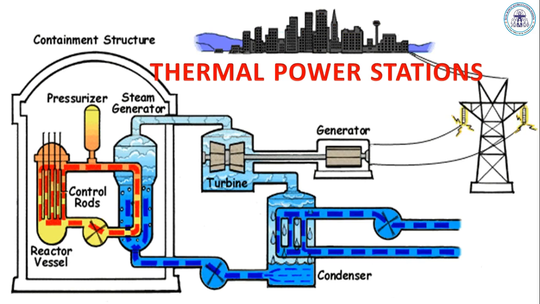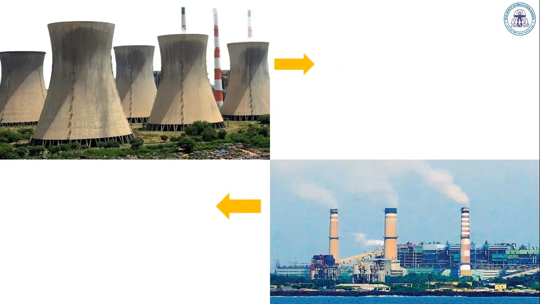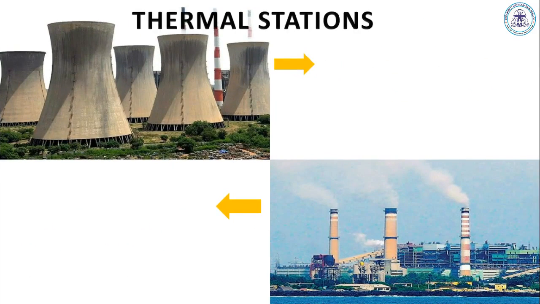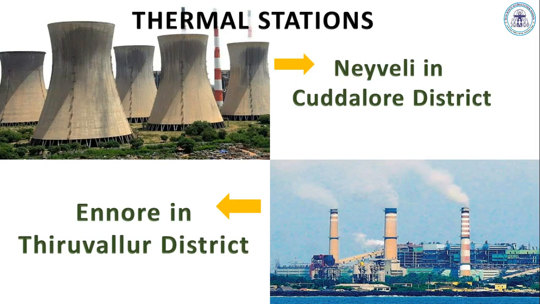While the turbine rotates, the coil of wire kept between the electromagnet rotates. Due to electromagnetic induction, electricity is produced. Here, heat energy is converted into electrical energy. The major thermal power stations in Tamil Nadu are Neyveli in Cuddalore district and Ennore in Tiruvallur district.